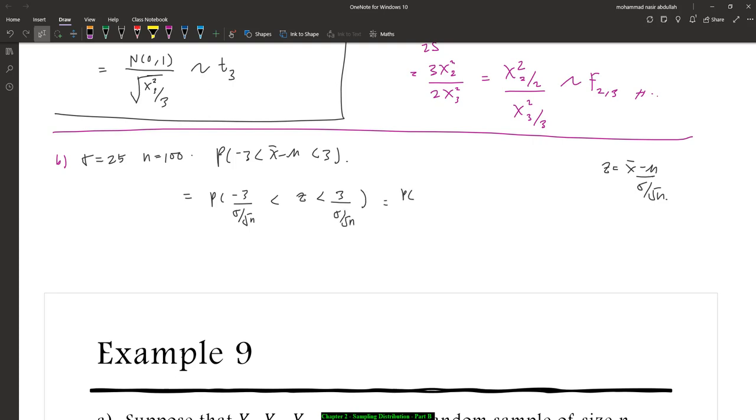So this should be P of negative 3 up to 3, over 25 over 10. So this one should be 1.2, right? Can you calculate?